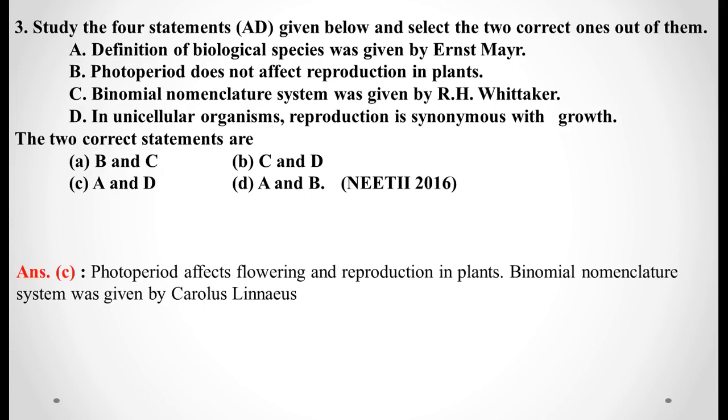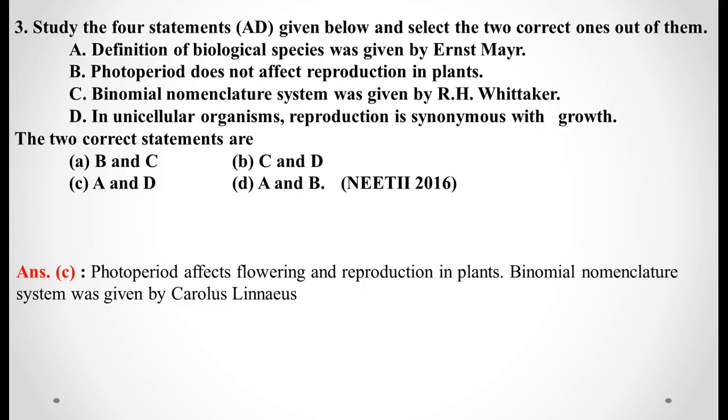Statement B says it doesn't affect reproduction in plants, but photoperiod affects reproduction in flowering plants. And statement C says binomial nomenclature system was given by R.H. Whittaker, which is wrong. Binomial nomenclature system was given by Carolus Linnaeus. R.H. Whittaker has given the 5 kingdom system of classification.